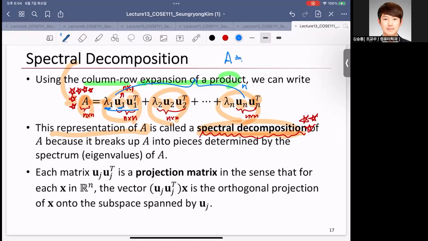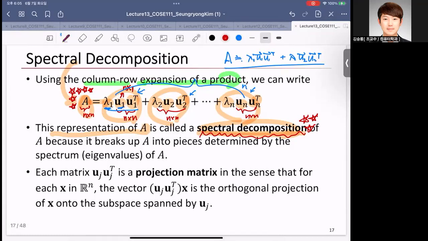In this case, you can represent your matrix A as a sum of terms in the eigen spectral decomposition. For example, lambda 1 times vector U1 times U1 transpose plus lambda 2 U2 times U2 transpose, something like this.